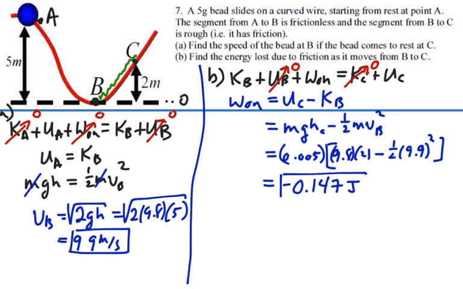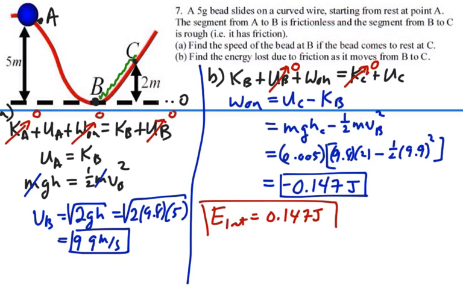So that is the work done along the way between B and C. A negative 0.147, which means that we lost 0.147 joules because the work done along the way was negative. So that's the energy lost due to friction as it moves from B to C. Answer.